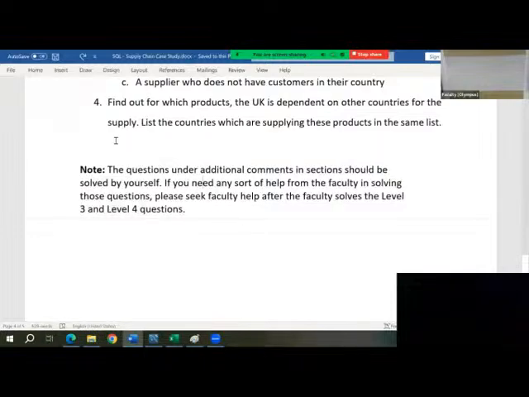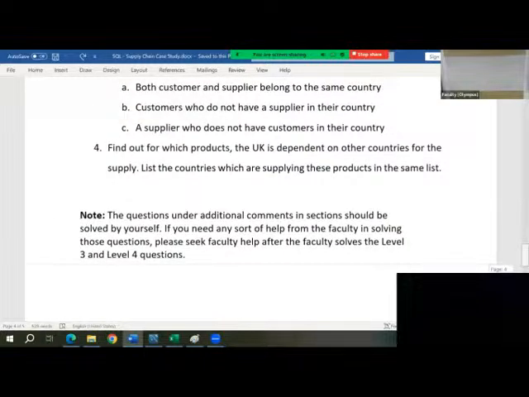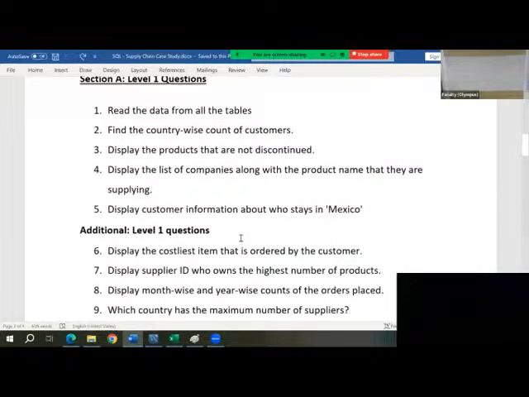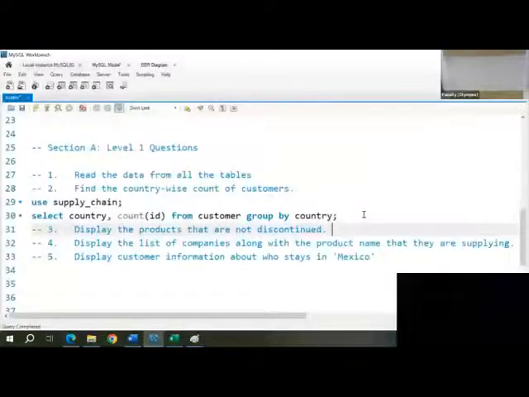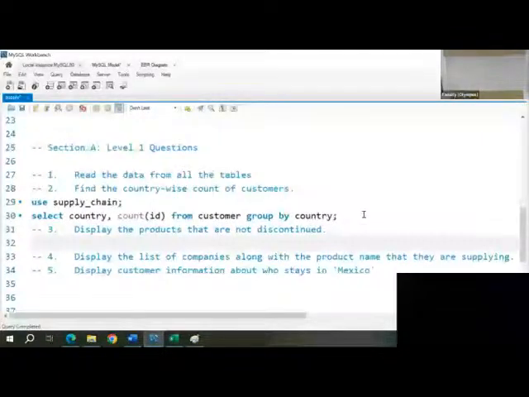They've asked you to solve this yourself. So let me just do only the first 5 questions in each level. Anybody finding it difficult to import this again? Let me know.